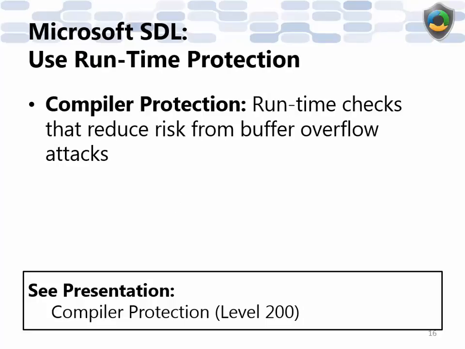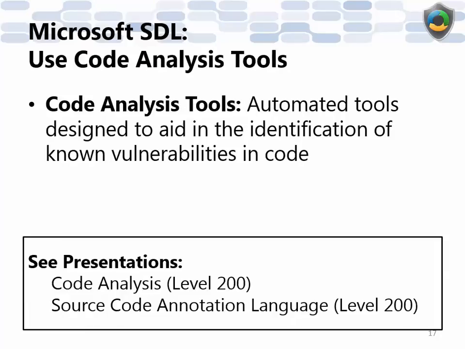Current Microsoft compilers provide protection and features, things like limited stack protection and heap checking, that can be used to help detect certain buffer overruns during runtime. We've talked about the code analysis tools, such as Microsoft Prefast and SAL, the standard annotation language, which can be used to help detect vulnerabilities through static code analysis.